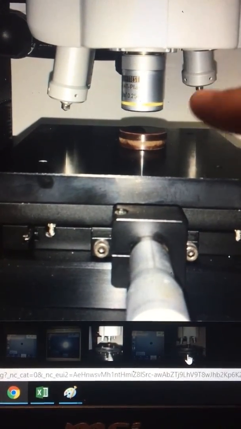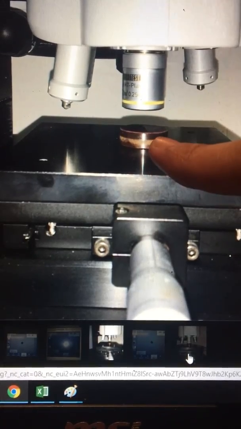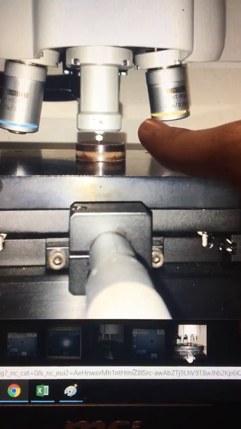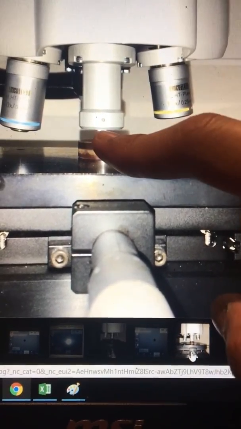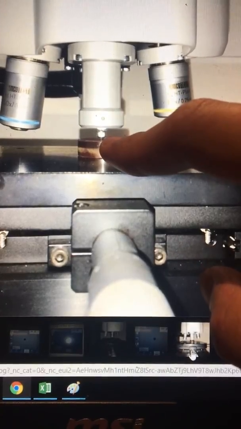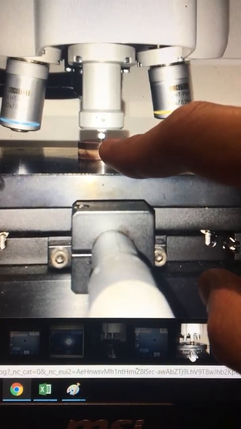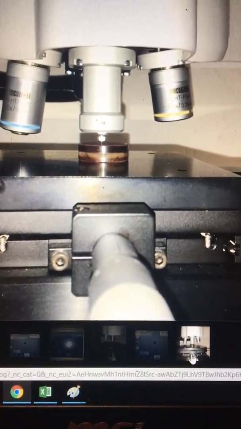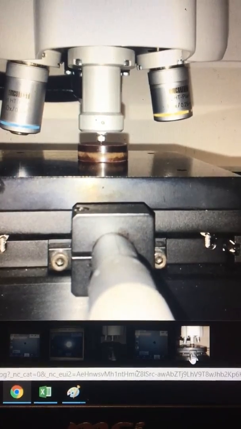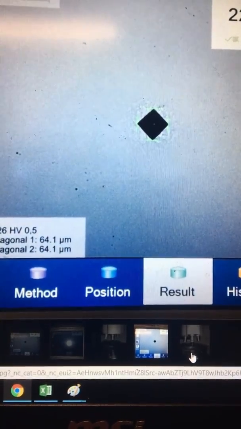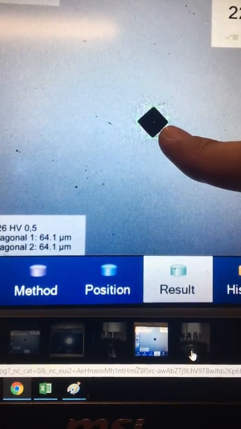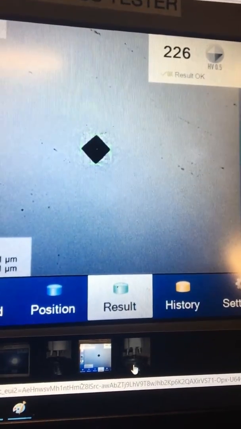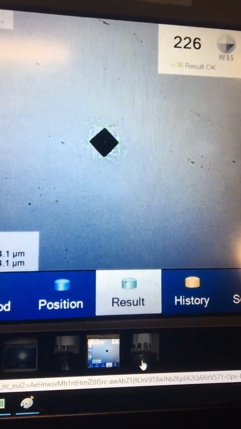After finding the appropriate surface, we change the lens into this one, which has the pyramid shape to make the indentation, and then we press start to start the experiment. After that we got an indentation like this, and then it will calculate the Vickers hardness. This one is 226.